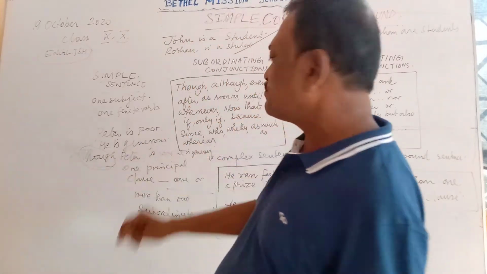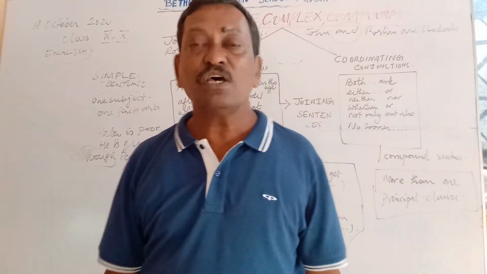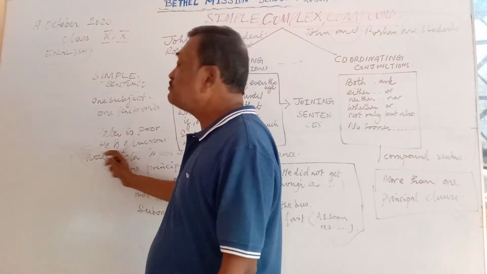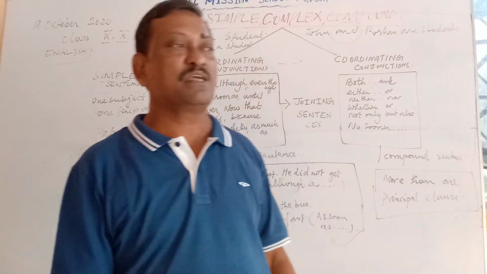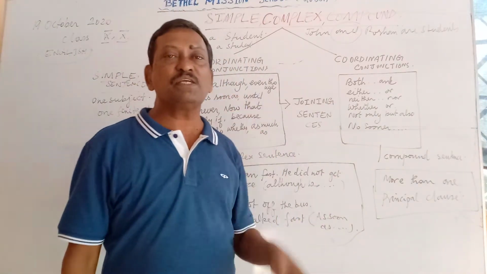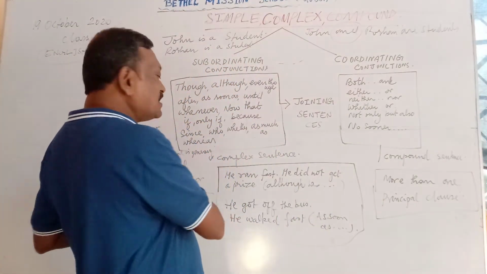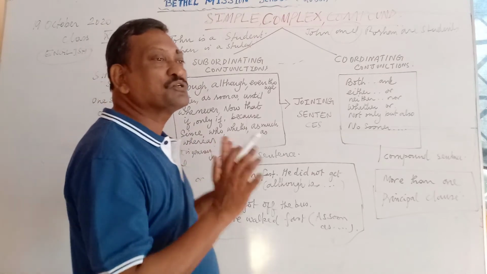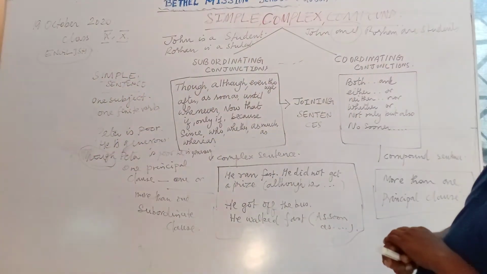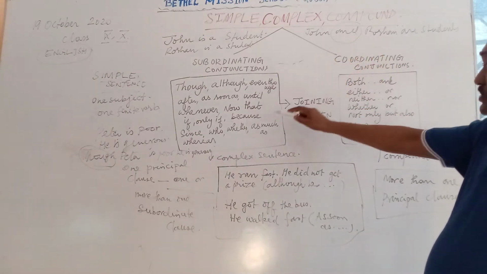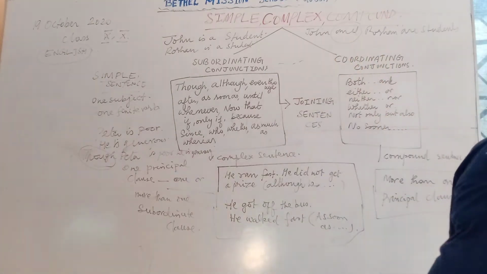Though Peter is poor, he is generous. So here the conjunction though comes in the beginning. But wherever the position may be, be it in the beginning or be it in the middle, the function is to join sentences.